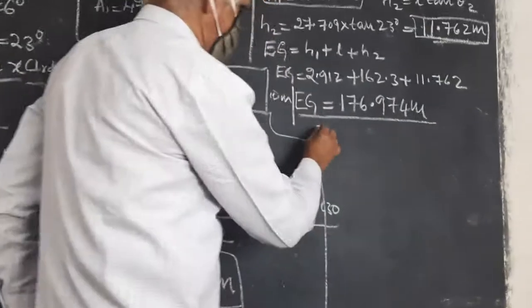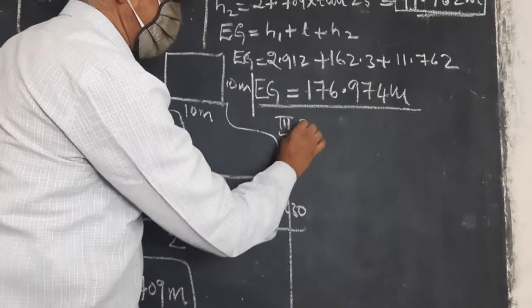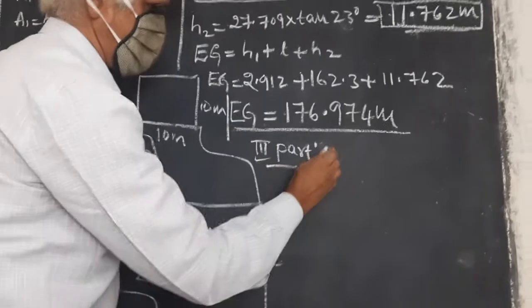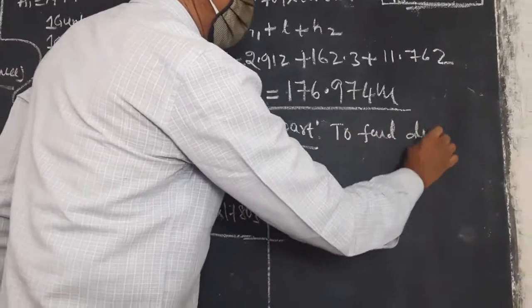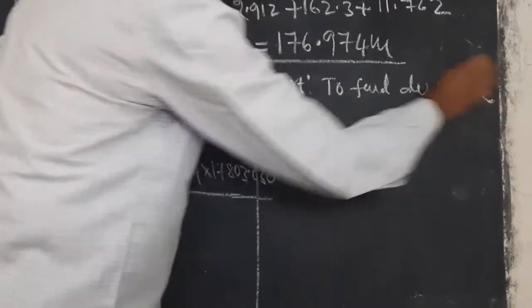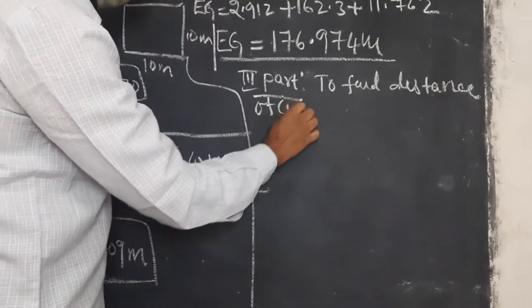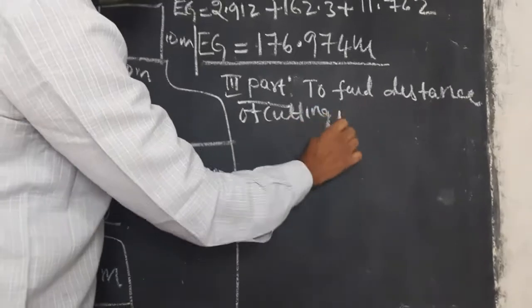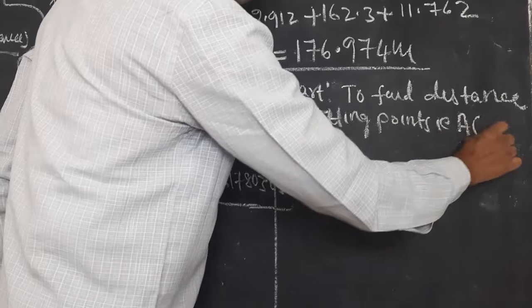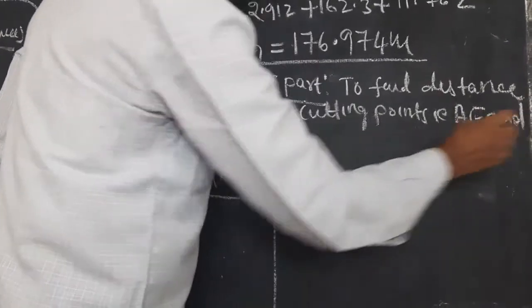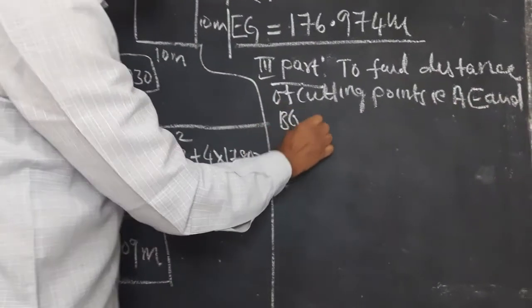So the next step, that is the third part, is to find the distance of cutting points, that is AE and BG.